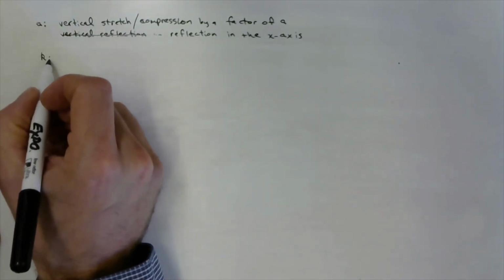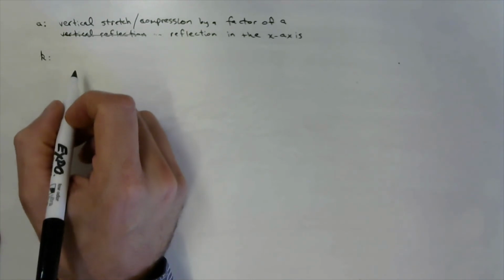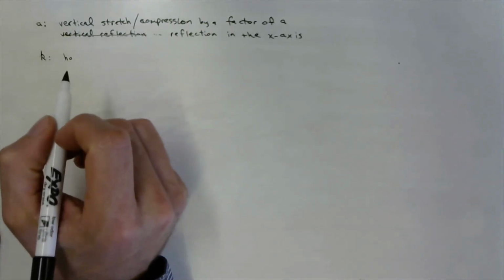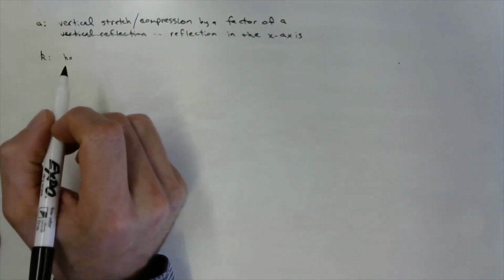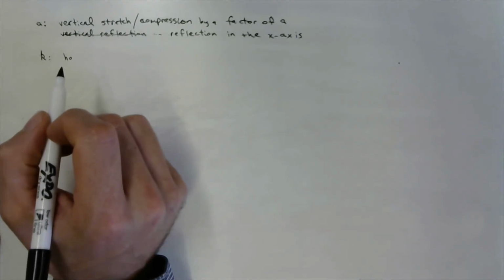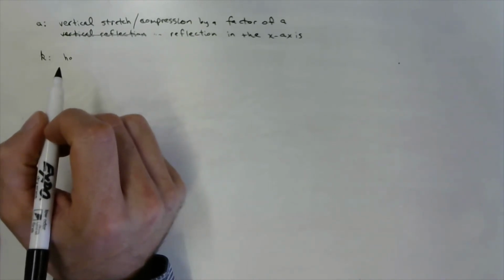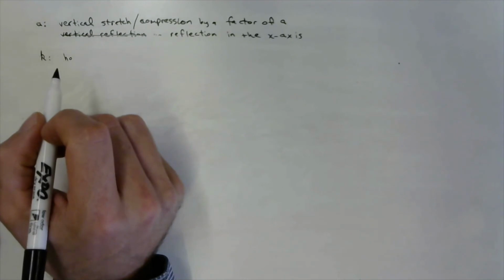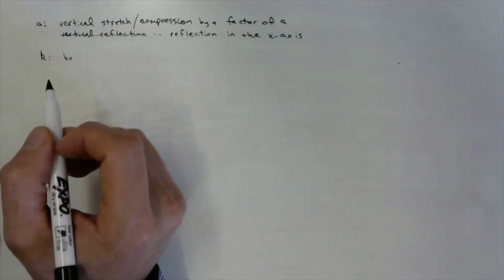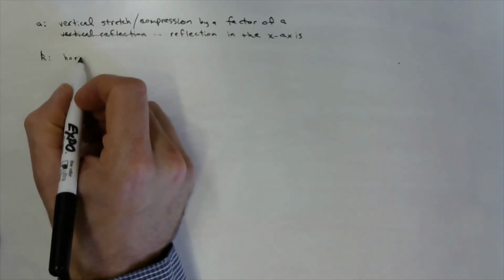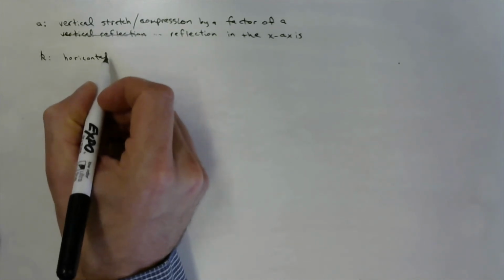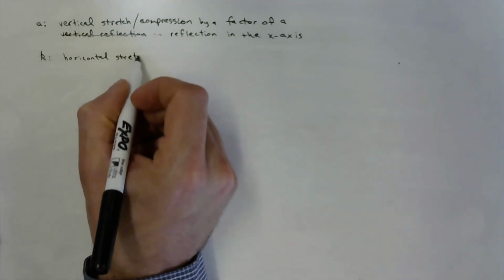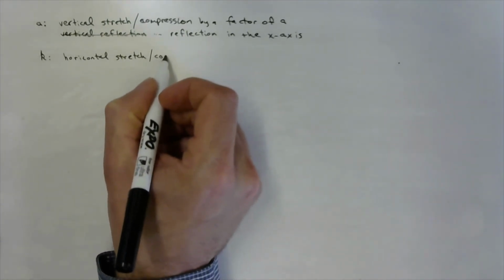What about K? Well, K is a multiple inside the sine. So whatever angle X is, if you have that K, that's a multiplier. It's going to be a horizontal stretch or compression.